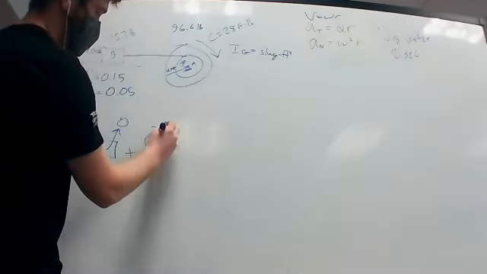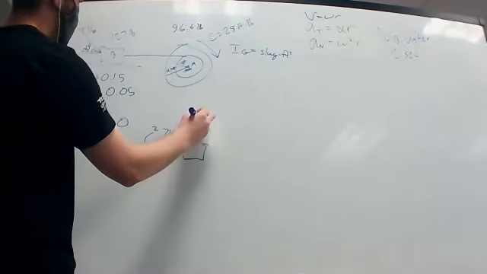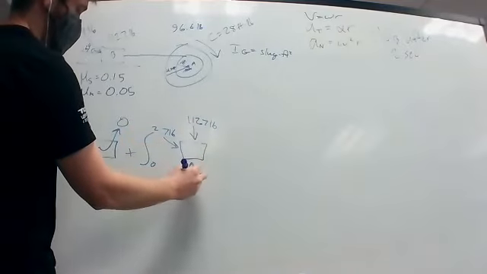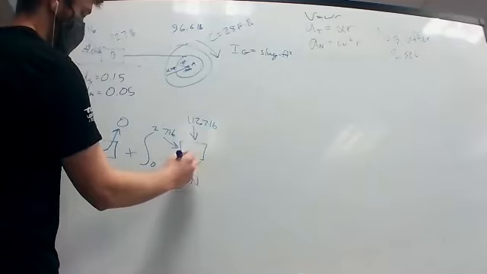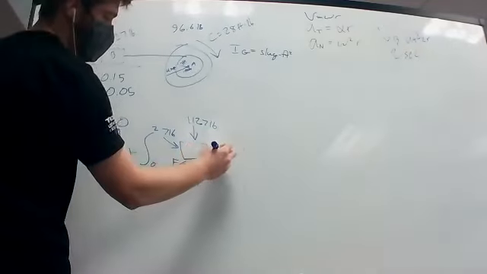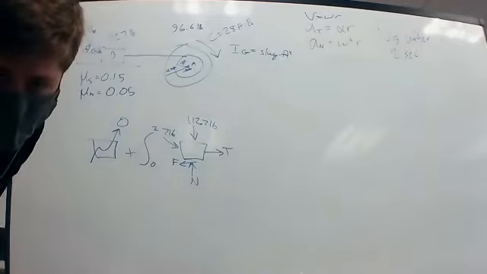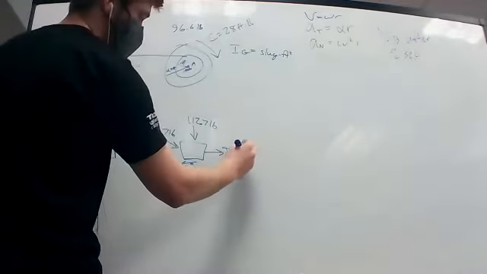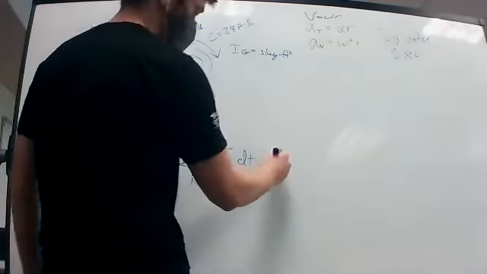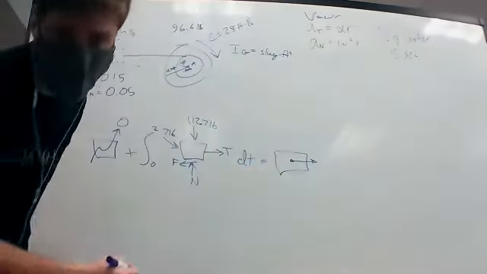We have the 7 pounds, the weight of the block as 112.7 pounds, the normal force, friction, and T. This is all dt, and that's going to be equal to the block with its mass times velocity.